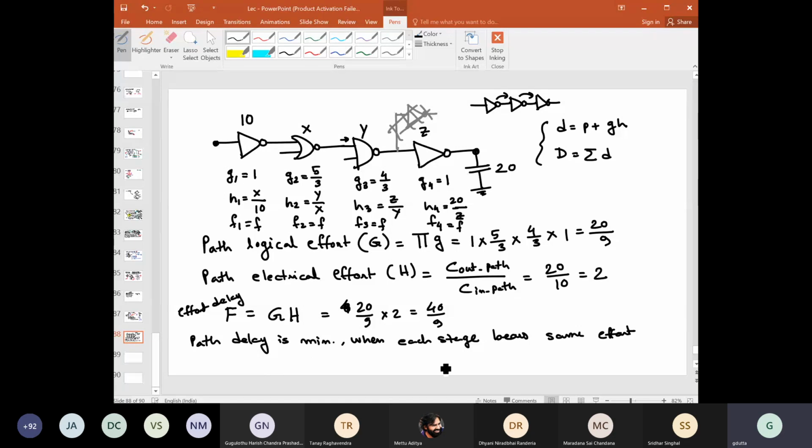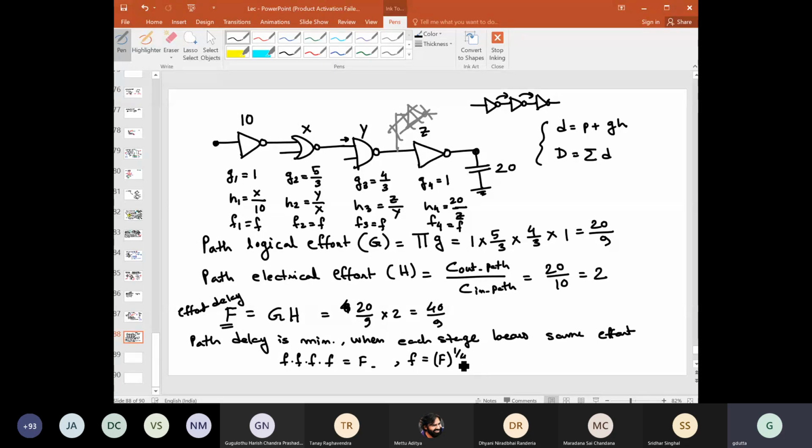So from that point of view, you can say this f is the effort for all individual gates. The total effort of this path, we know, is capital F, but the individual efforts are f into f into f into f, which is equal to capital F. So from that, we can say the individual effort of each gate is equal to F to the power 1 by 4.